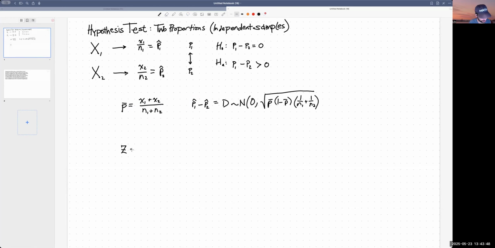We compute our z-score by taking the difference between these two sample proportions and subtracting the difference between the true population proportions, which under the null hypothesis is going to be 0. Then we divide by our standard deviation: p bar, 1 minus p bar, 1 over n1 plus 1 over n2.